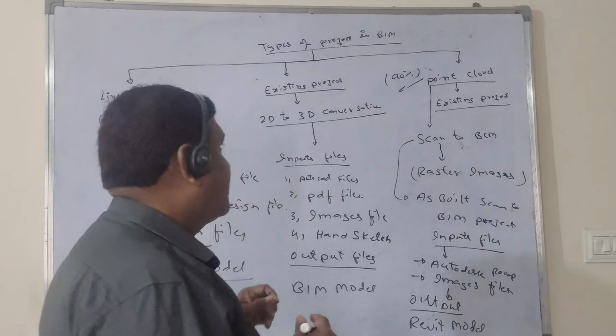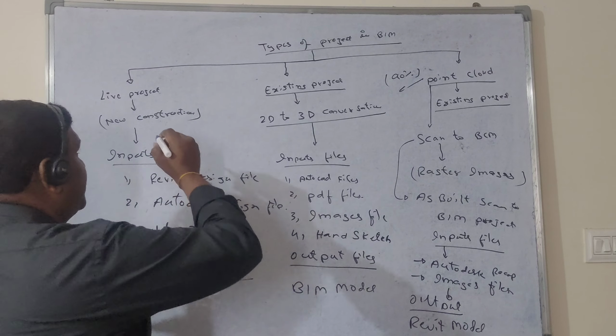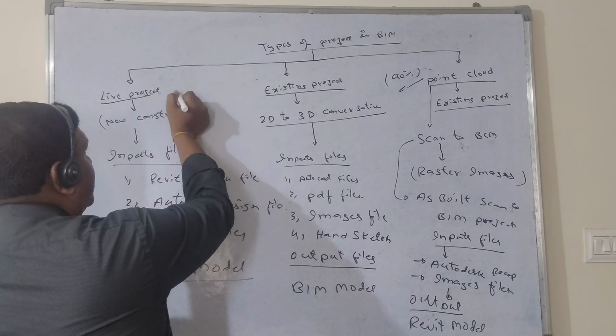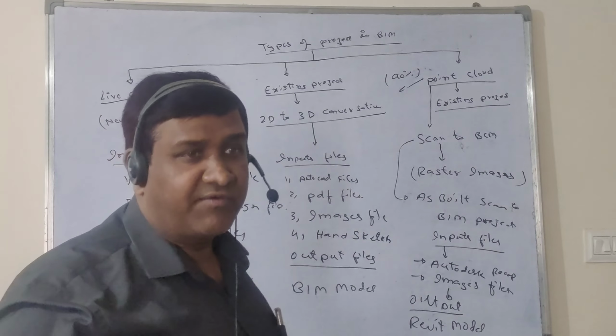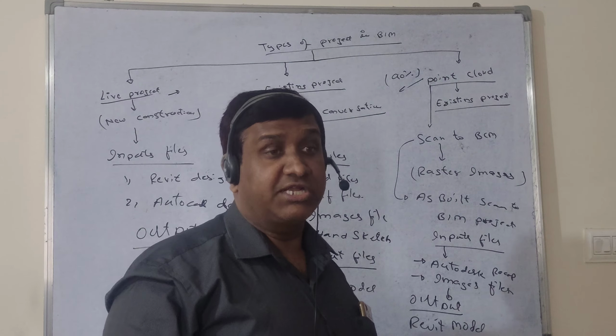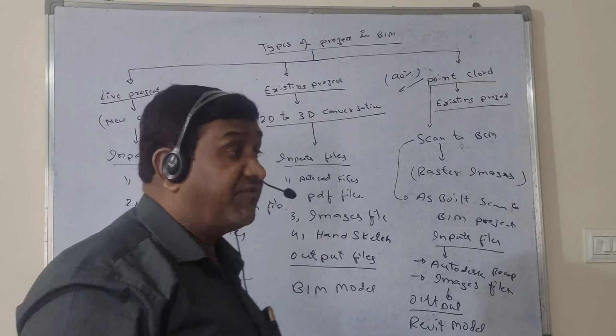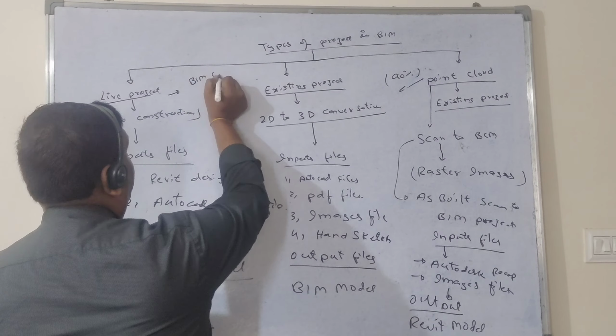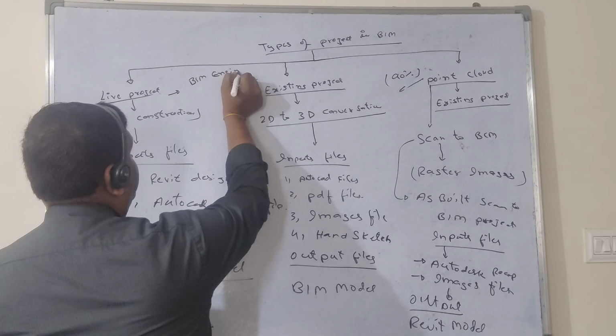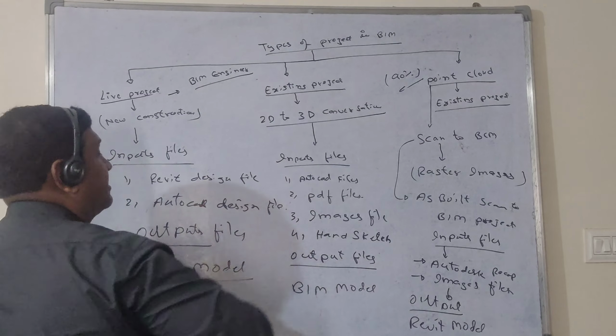So that's the reason some companies work on live projects. When you join any company and you are working on a live project, a new construction project, your designation will become BIM engineer. Am I right? Because you are designing and making the model.